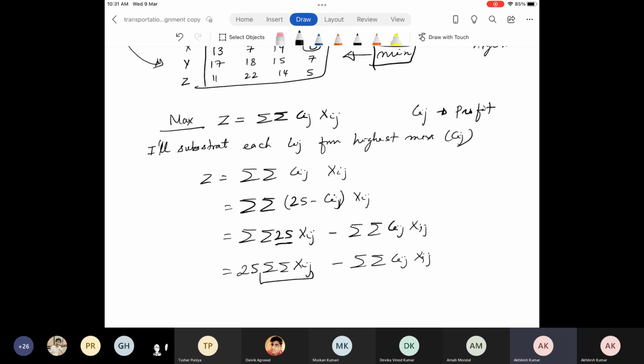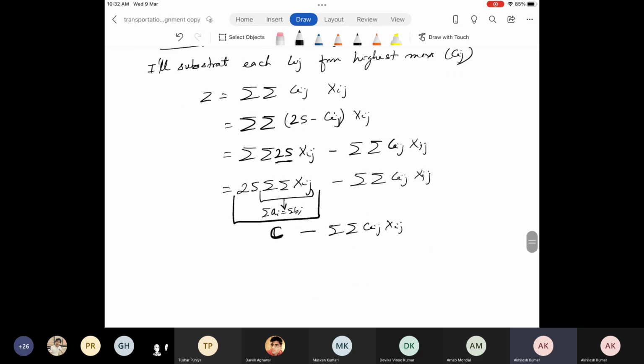We already know the summation of all the Xij over i and j equals either the sum of the Ai or the sum of the Bj, whatever value you want to take. So this number becomes a constant minus summation Cij Xij.